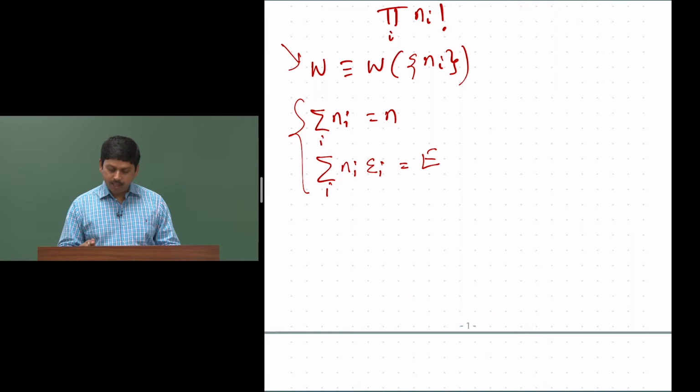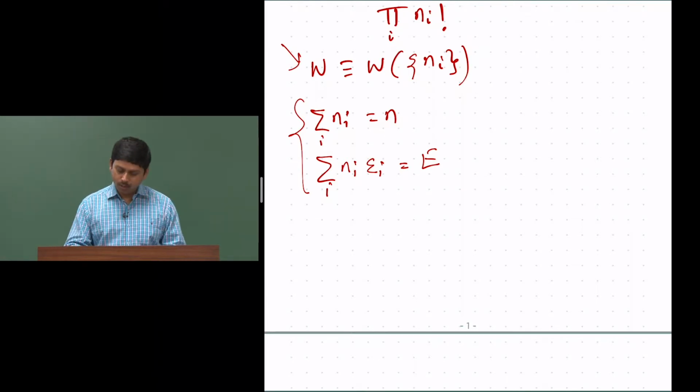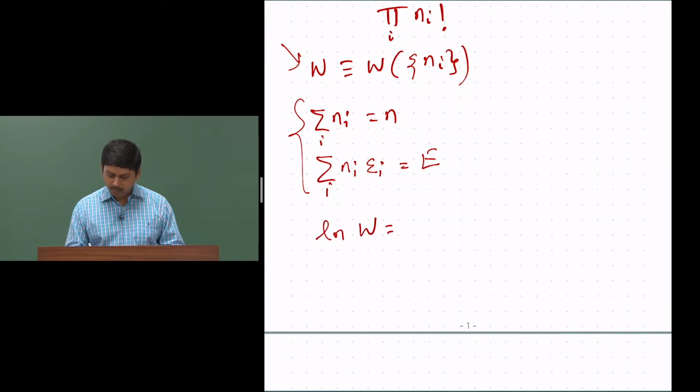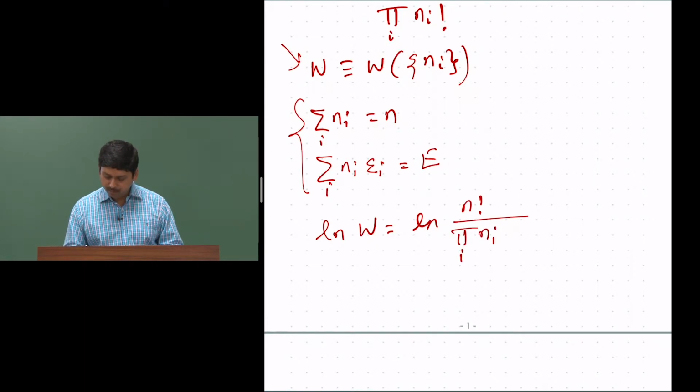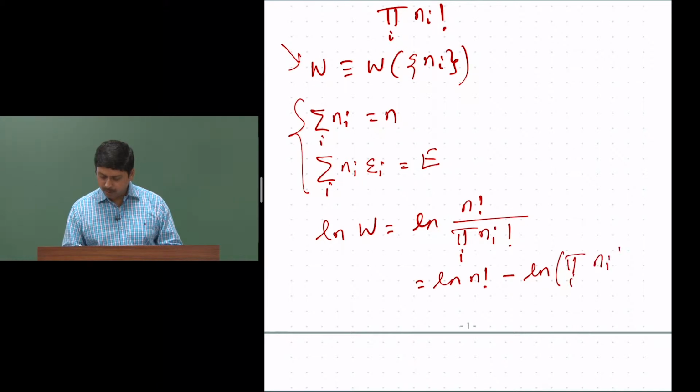Now let us see how we can maximize the W. In order to do that, it is much easier to work with ln W than W, and we know ln W will be ln of n factorial by the product over i of Ni factorial, which is ln n factorial minus ln of the product of Ni factorial.